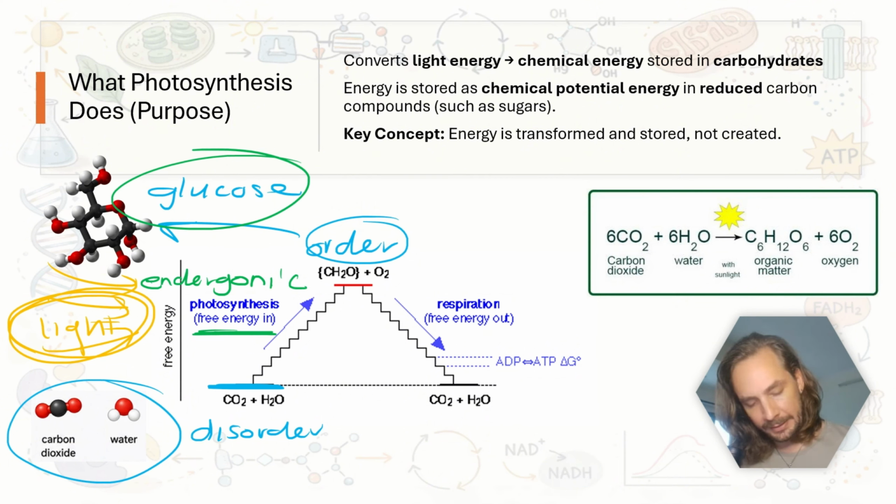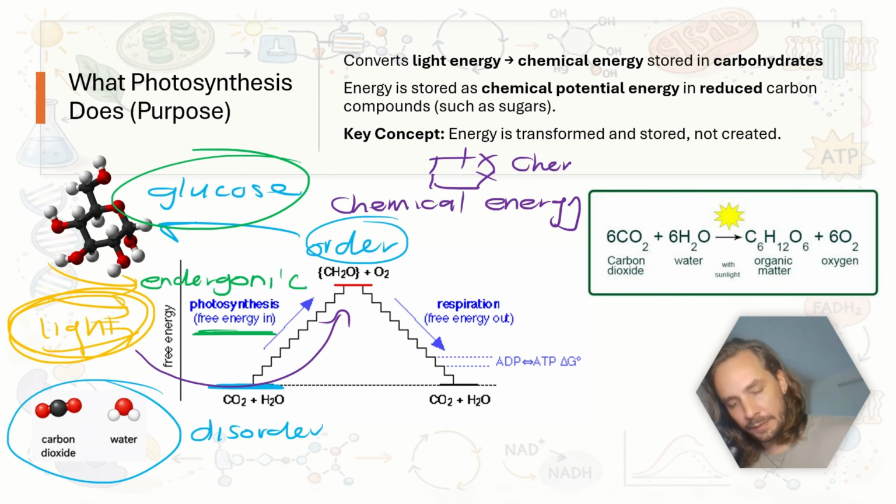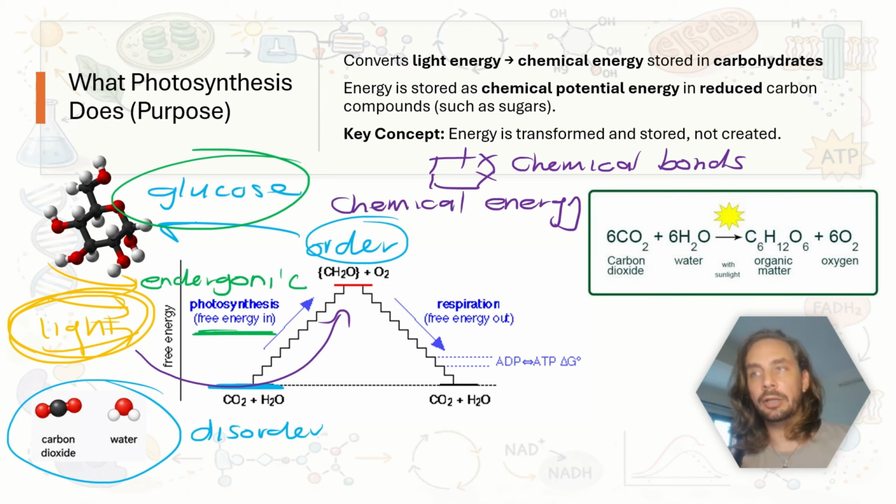Now, the whole idea here is that the energy from light is transformed into chemical energy. And this chemical energy is what we find in the chemical bonds of these molecules.